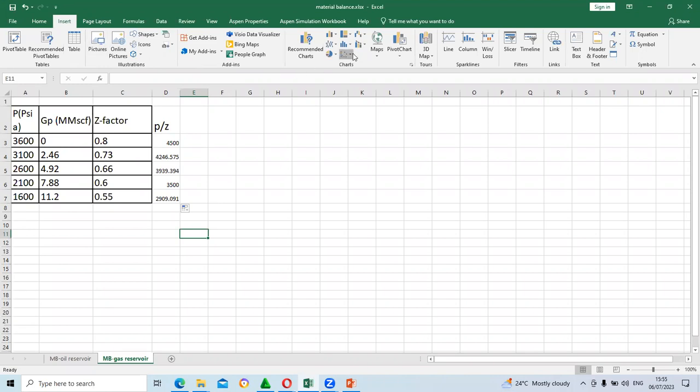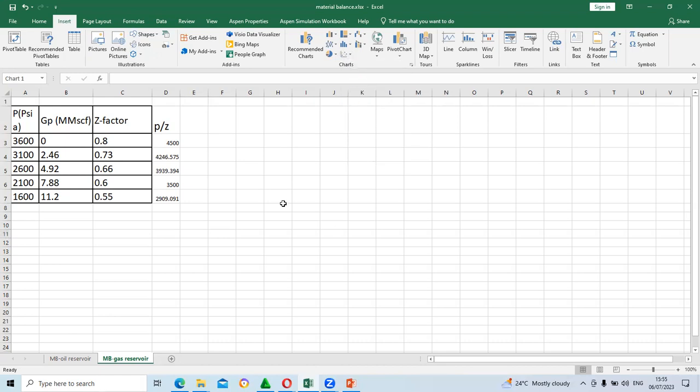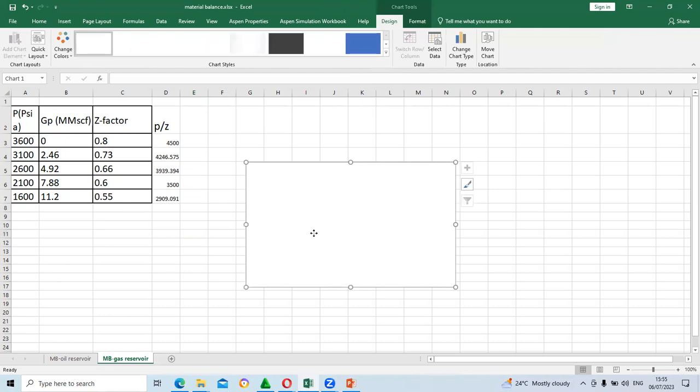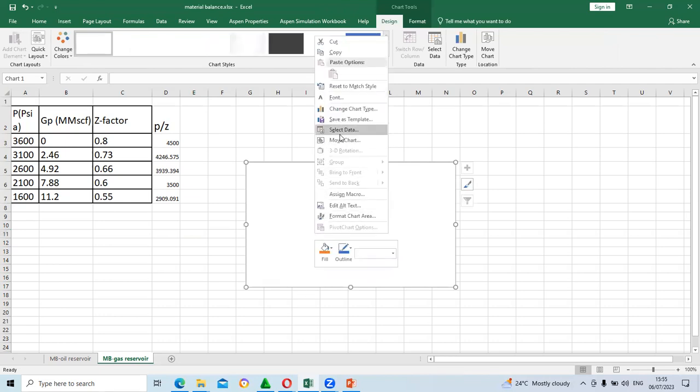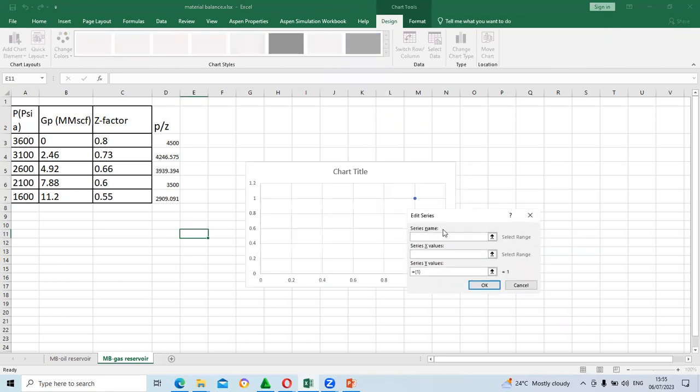So I will go to my chart. Let's take scatter plot. We'll take scatter plot in this case. So I will select my data. I'll just put the MBA for gas.